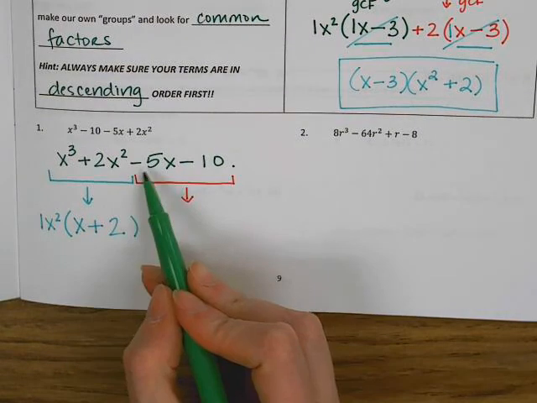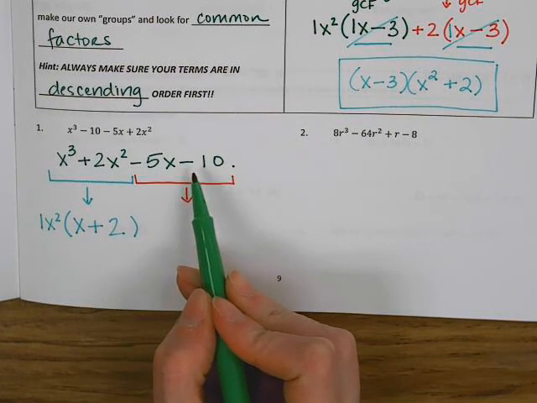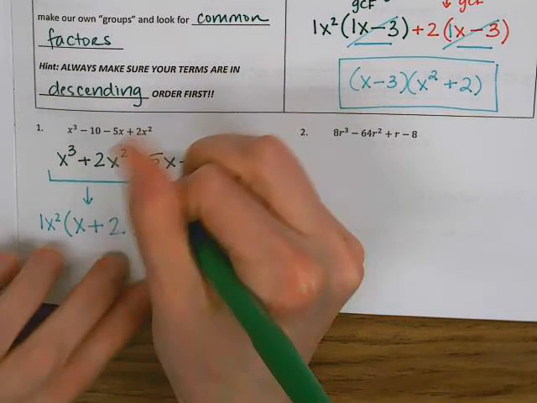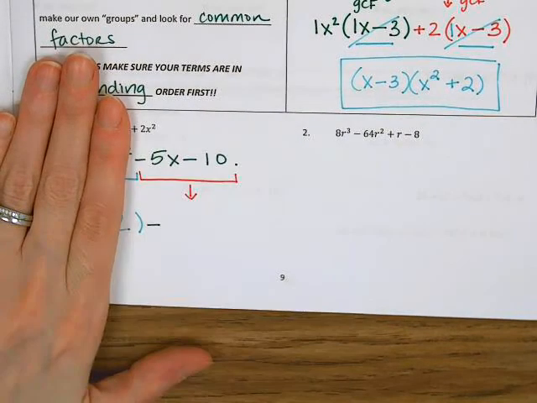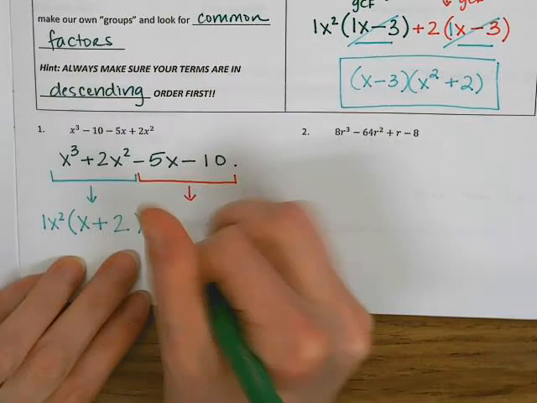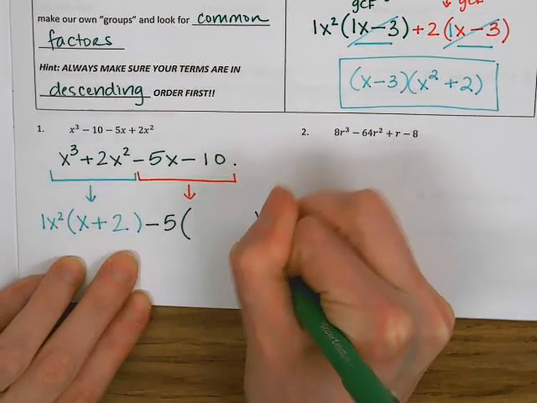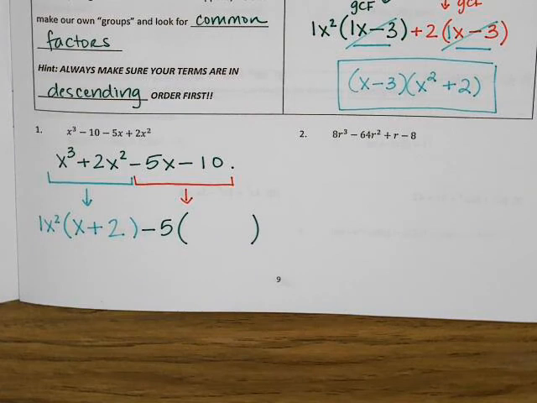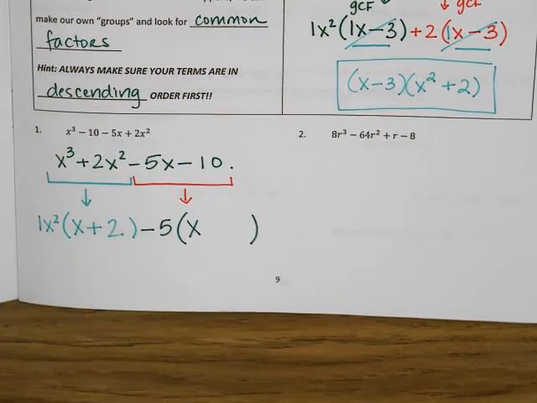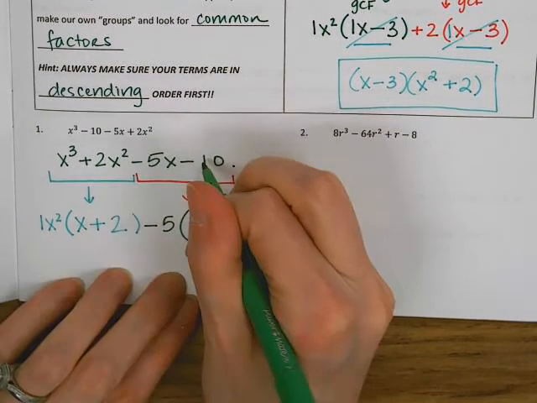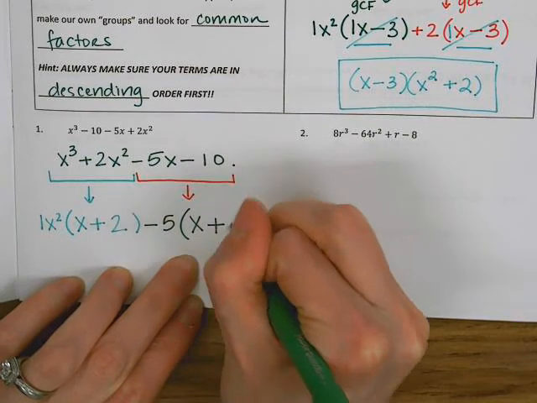Now, what's the GCF of negative 5 and negative 10? Remember we said if the front one is negative, you've got to pull out a negative. And then 5 and 10 have a GCF of 5. So if you divide them both by negative 5, a negative divided by a negative is a 1x. A negative divided by a negative is a plus 2.